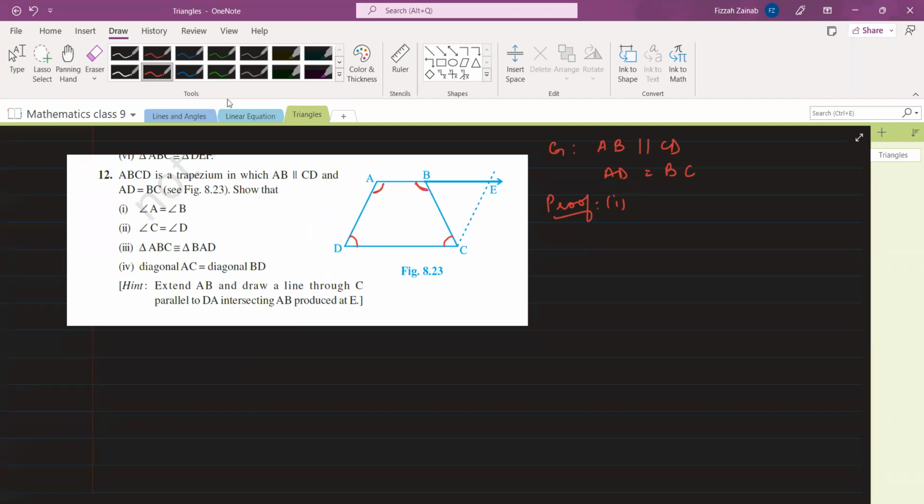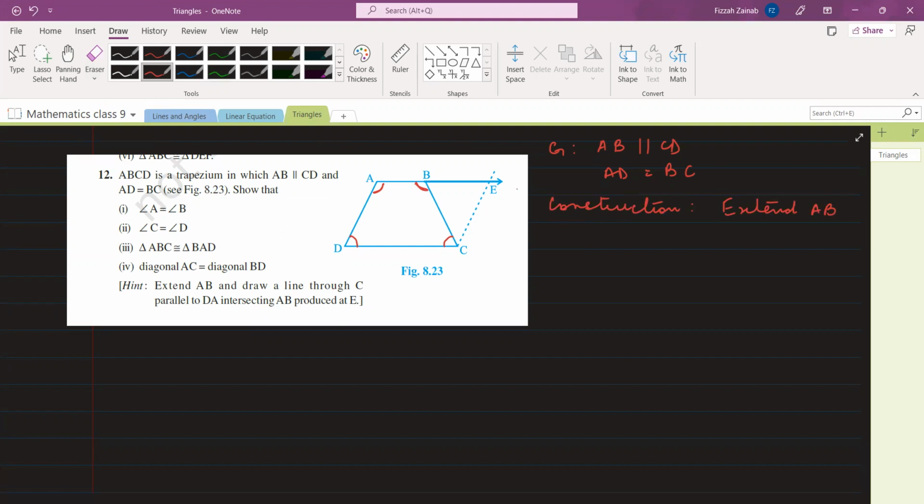Okay, so before that, let us do one construction that you will write. Construction is this: extend the side AB.